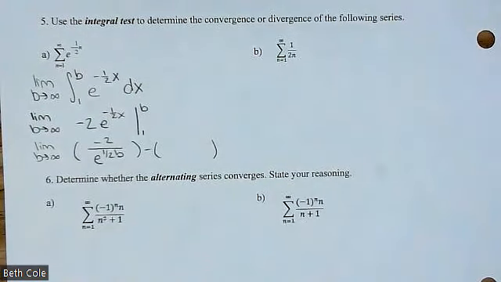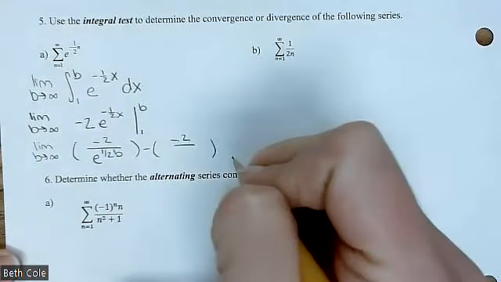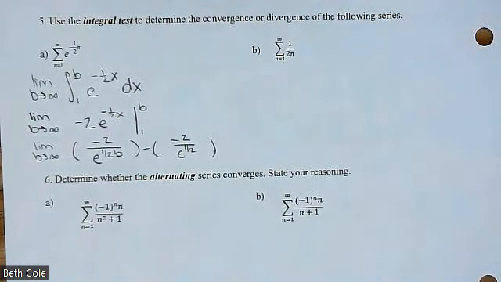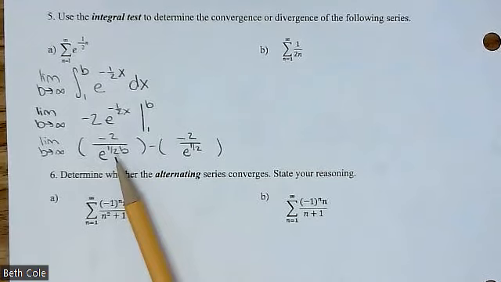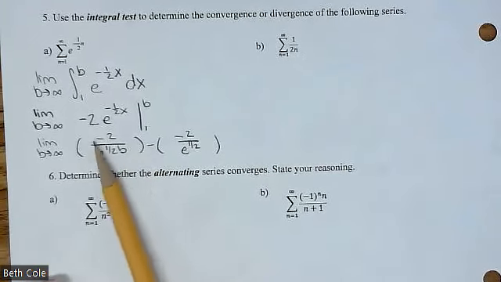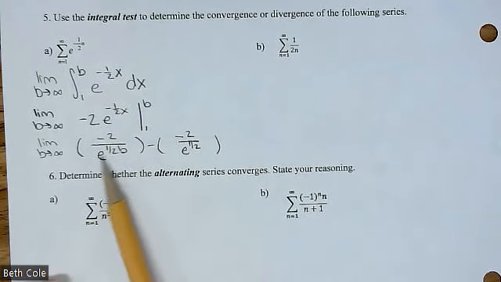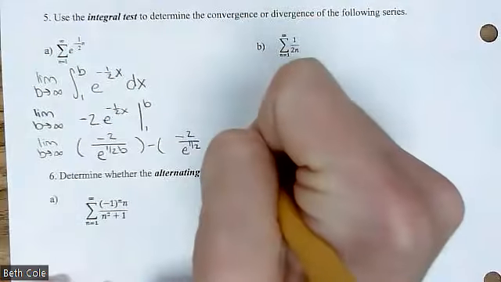And then if you plug in 1, that'll be -2 over e to the 1/2, whatever that is. And then lastly, you evaluate the limit. So as b gets larger and larger, what is this first part going to go to? Good, because the denominator is getting bigger and bigger. So this first part goes to 0.